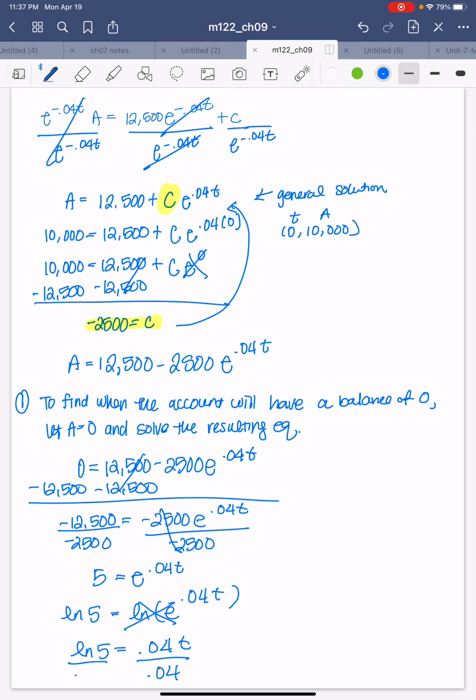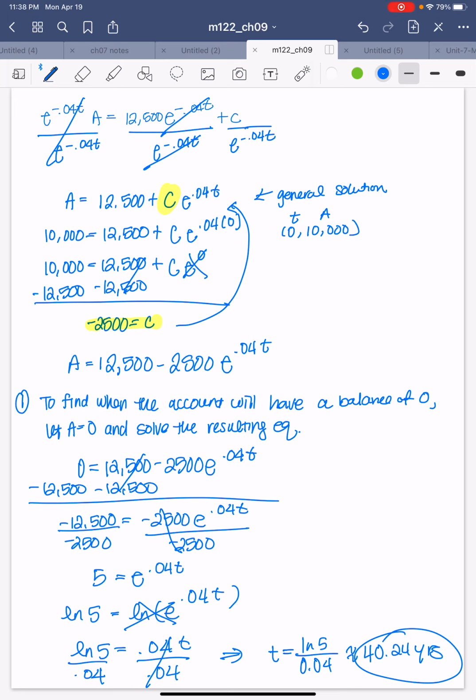Divide both sides by 0.04. t ends up being ln of 5 divided by 0.04. That is approximately, in decimal, about 40.24 years. So it takes slightly over 40 years to have a balance of $0.